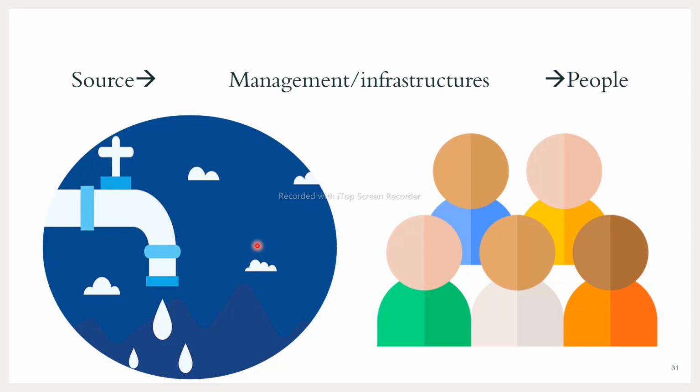Those kinds of water from the source are available as per the demand, but people are not getting it. Why? Proper infrastructure may not be there, or even if infrastructure is there, management issues may be there. That means some people are getting more than their required water, whereas other people are not.